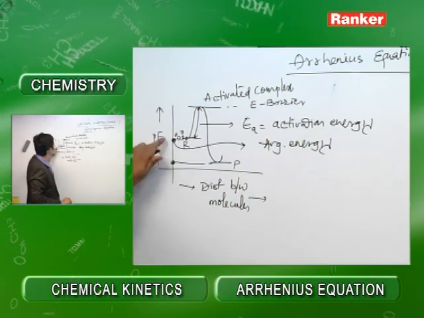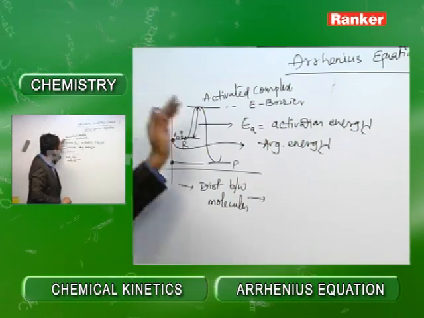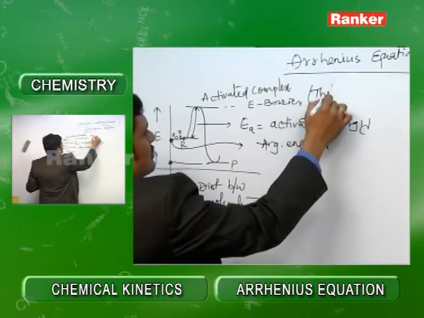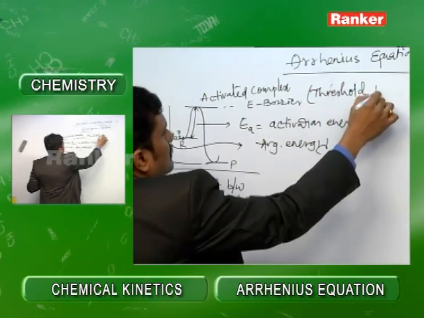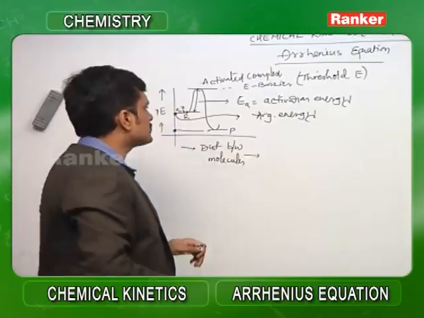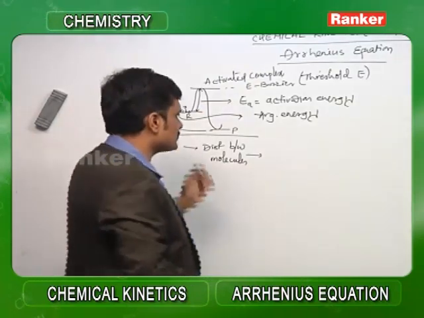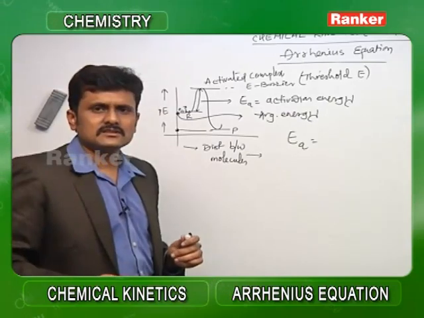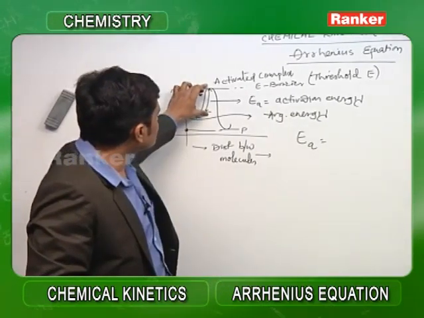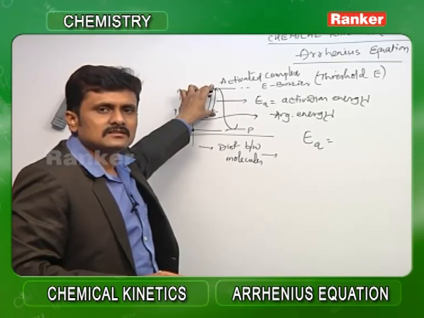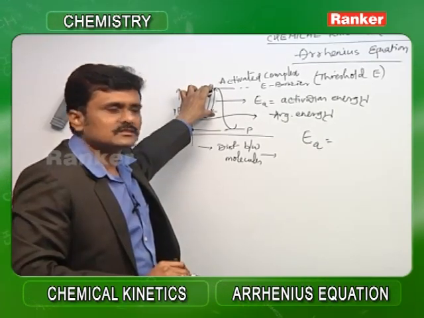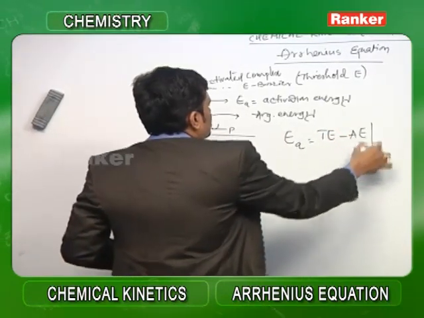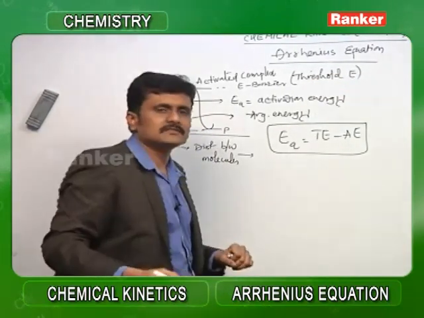So there is some average energy, some activation energy, and some threshold energy, and we can derive a relationship between these three: the activation energy, the amount of energy required to excite the molecules to cross the energy barrier, the management fees, is nothing but the difference between the threshold energy and the average energy.